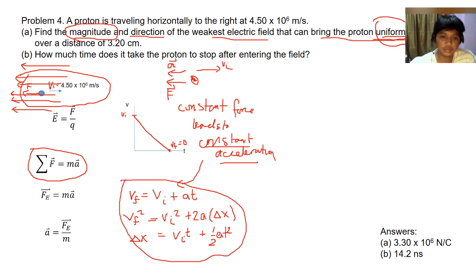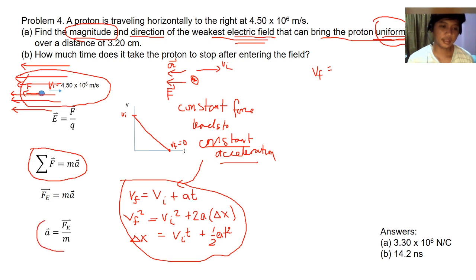And which equation should we use? It depends on the given. Are we given the final velocity? Because we're looking for the direction of the electric field. Now, in order to get the electric field, we need to know the force first. And in order to get the force, we need to get the acceleration first.